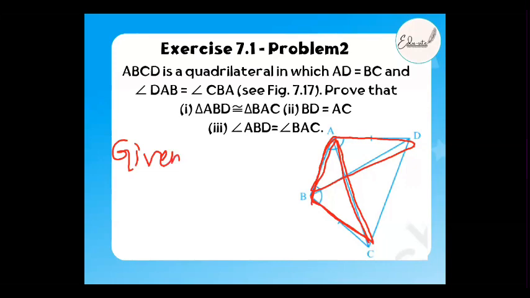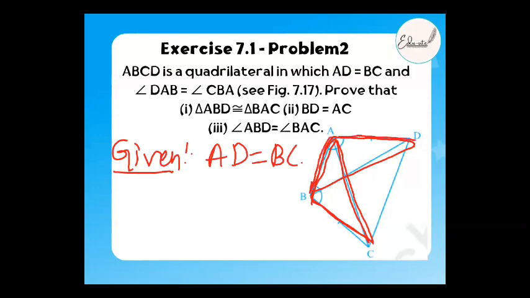AD is equal to BC, correct? One thing is given. The other thing they have given is angle BAD and angle ABC are equal. Two things are already given, correct? Angle A and angle B are equal.